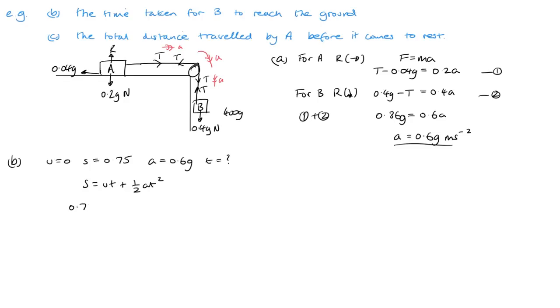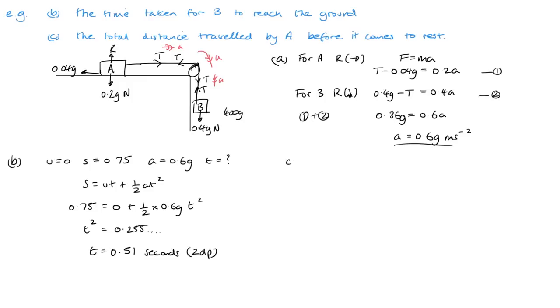So 0.75 equals 0 plus a half times 0.6 g times t squared. So t squared is 0.255 and so on. Square rooting that and taking the positive answer, t is 0.51 seconds, to 2 decimal places.